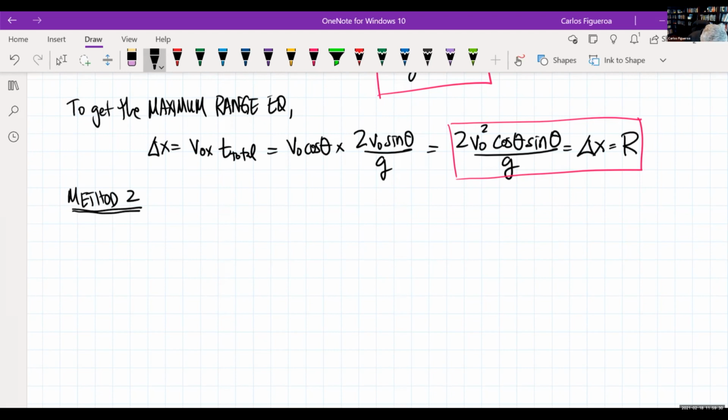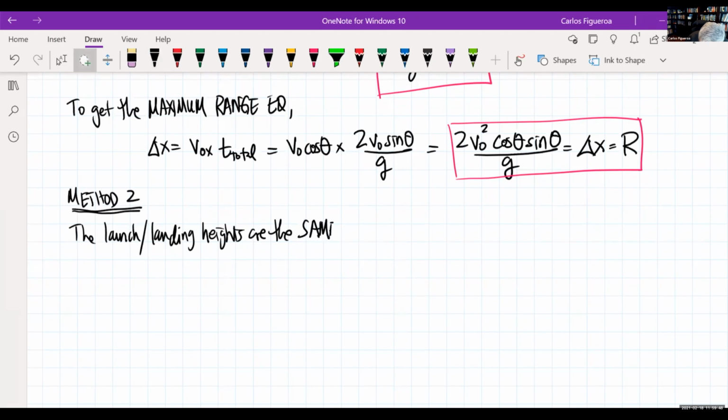Now, if we're thinking about the range equation, what we know here is that the launch and landing heights are the same. If that's the case, then that means that the height change is 0, right?